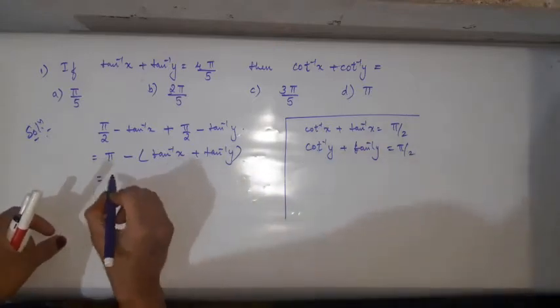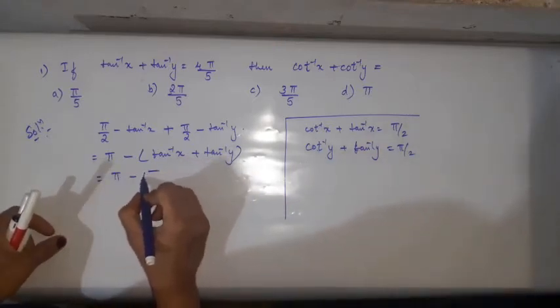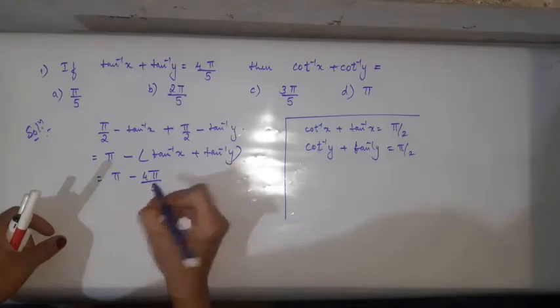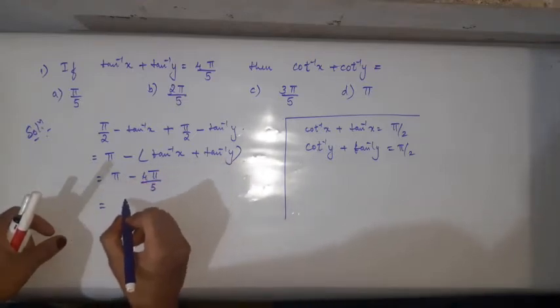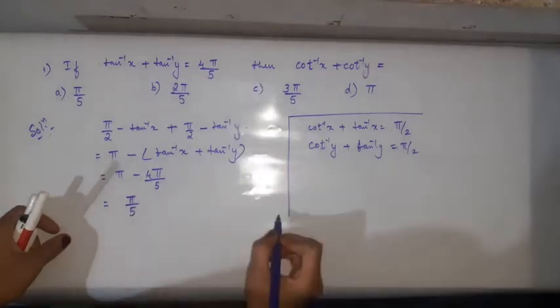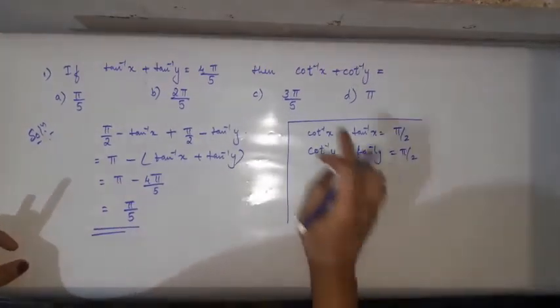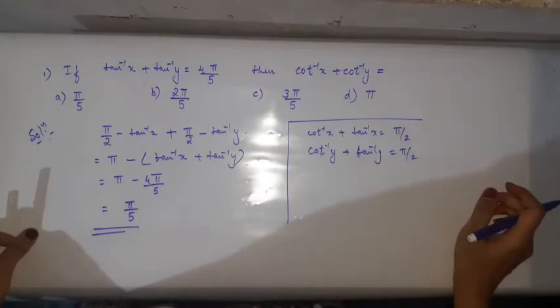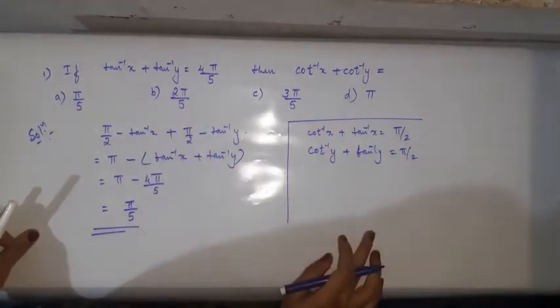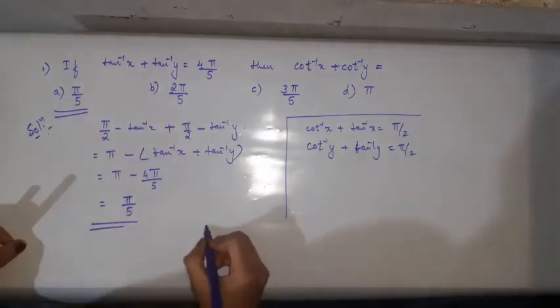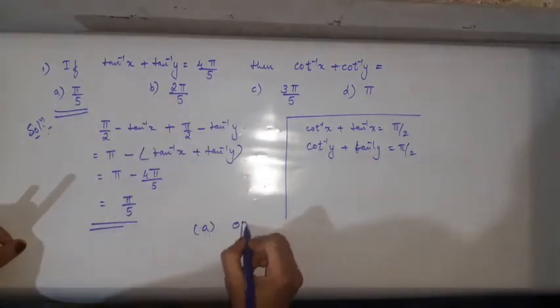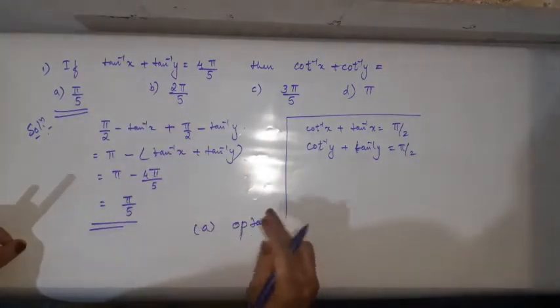So let's substitute that. It is pi minus 4 times pi divided by 5, or if you simplify it, 5 pi minus 4 pi makes it pi divided by 5. So the solution for cot inverse x plus cot inverse y will be pi by 5. Okay. So the solution is option A. The correct answer is option A.